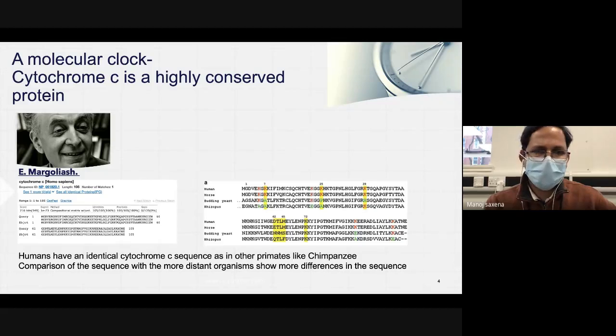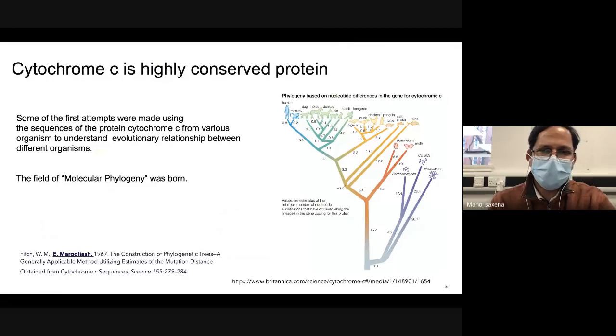So all this study gave rise to a new science of molecular phylogeny, in which you can compare the sequence of proteins and determine how different organisms are related to each other in evolutionary terms.